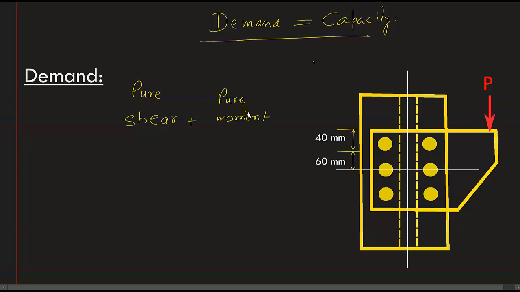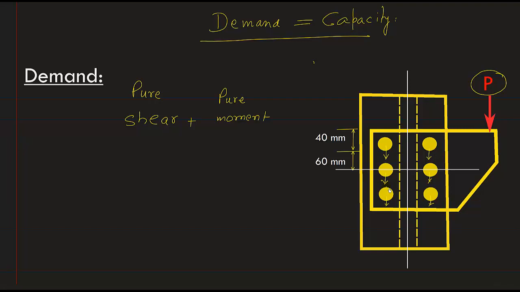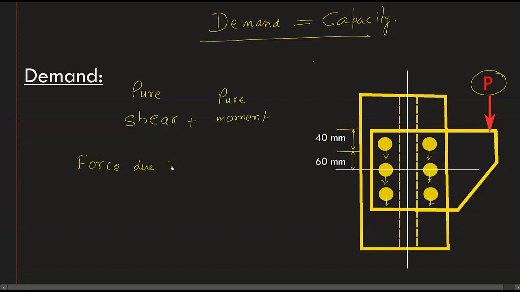If I consider pure shear, this amount P will get transferred to this bolt and this bolt, so equally it will be divided among the 6 bolts. So due to this direct shear, the force in each bolt will be P by 6. So force due to shear is equal to P by 6.